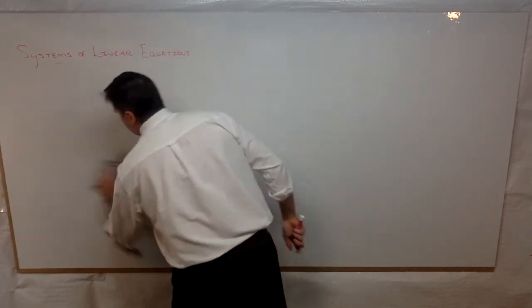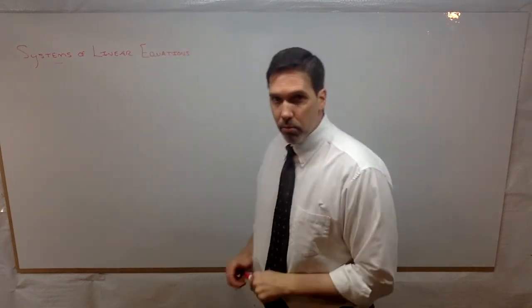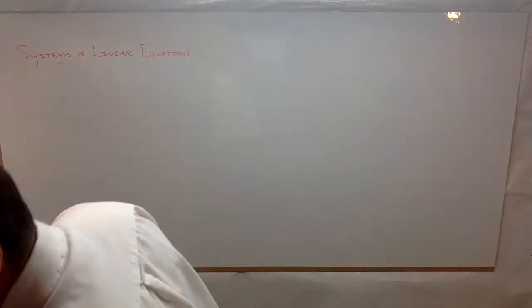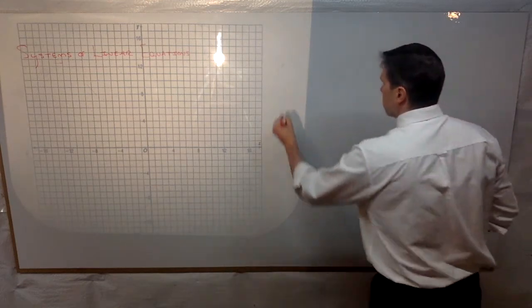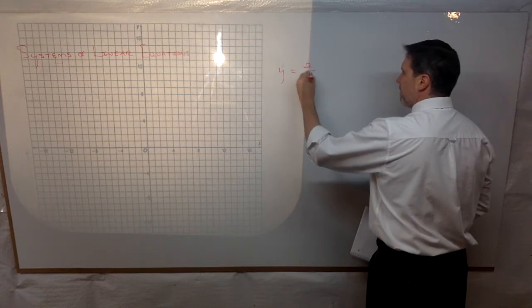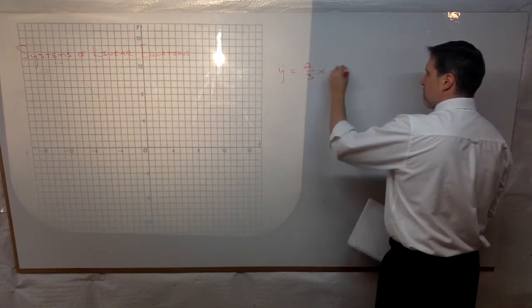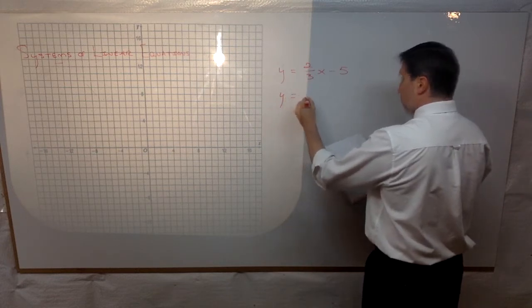All right, so the first method we're going to learn to solve these systems, you probably remember, is known as the graphing method. If they give you a system to solve, these have to work out somewhat nicely. So we'll go y equals 2/3 x minus 5, that's one equation, and y equals negative 2x plus 11.